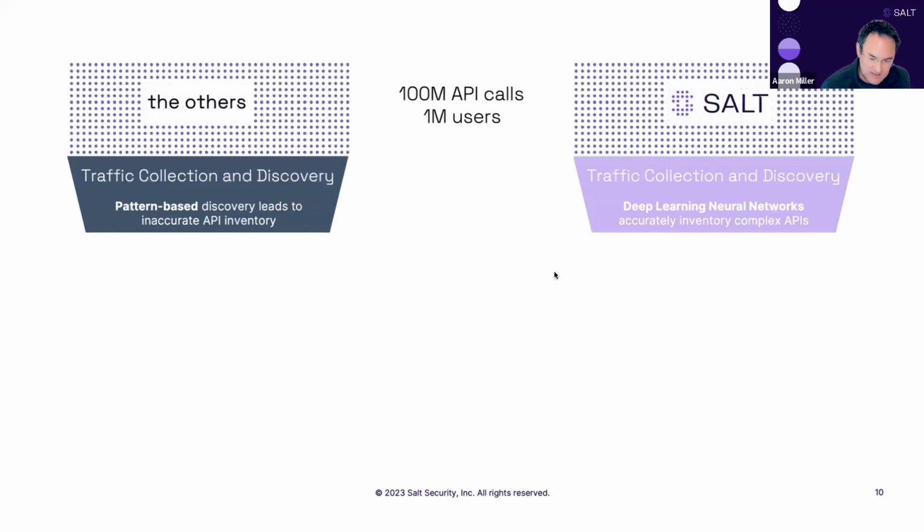And at the scale that APIs typically operate at, right, up here with 100 million API calls with 1 million different users, we're not going to be able to do this manually, right? We have to leverage systems to do it. So the very first layer of defense is figuring out if it looks like your existing traffic, right? Do the requests and the responses match what you've seen before?